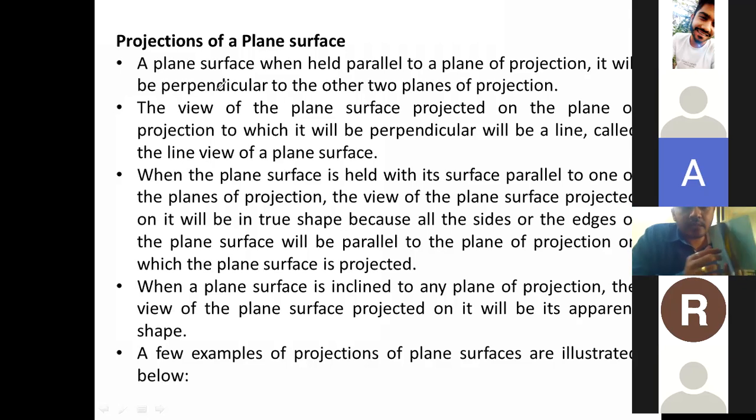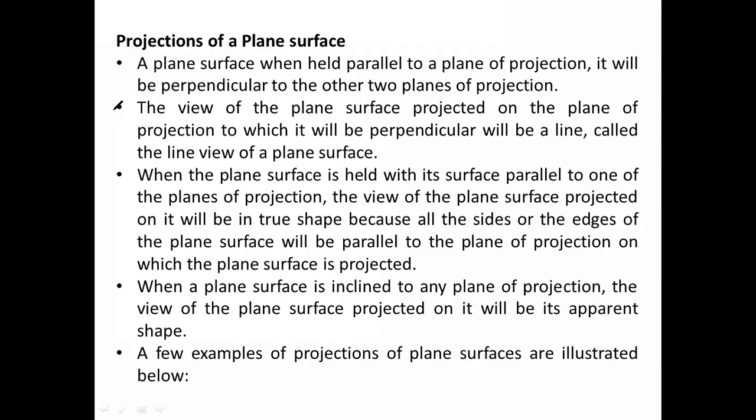Now you see from this, you will be able to see only one line. Same way here also, one line only. Got it? And similar to what we have discussed in line, when the plane surface is inclined to any of the projection planes, then the projection on that plane will be apparent.